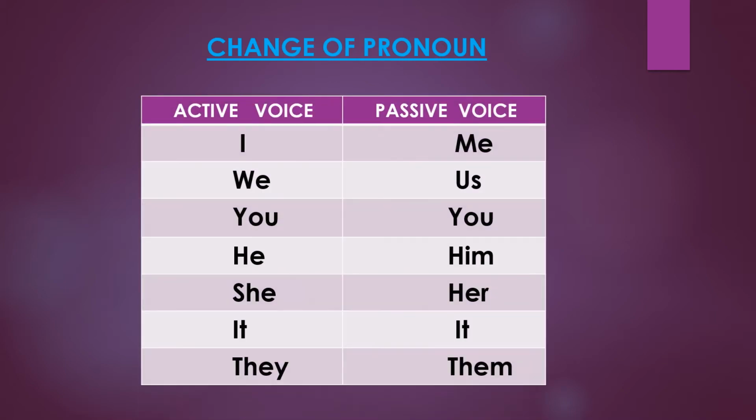Now let us check the change of pronoun. When we change the active voice into passive voice, the pronoun gets changed accordingly. If the pronoun is I in active voice, when we change the sentence into passive voice, it becomes me. We in active voice becomes us in passive voice.